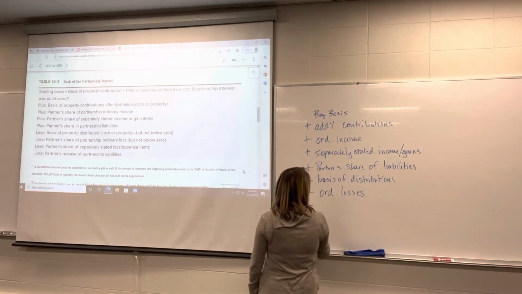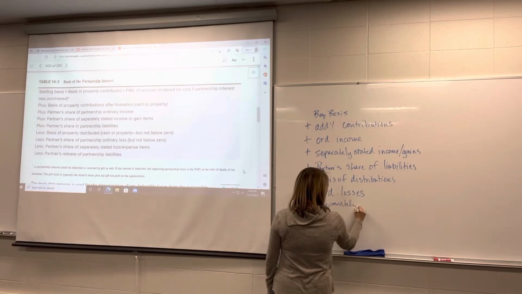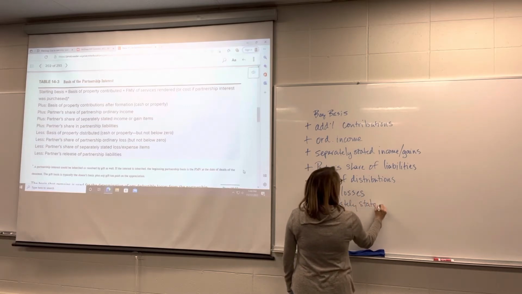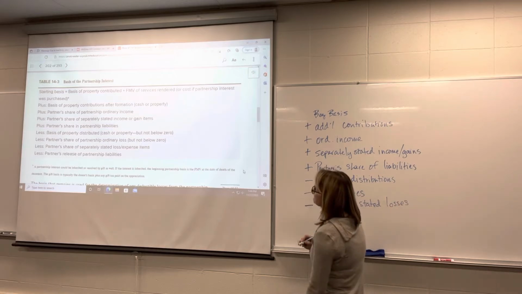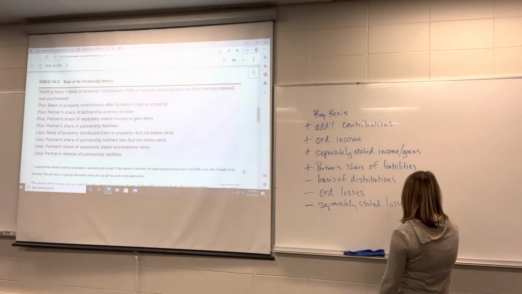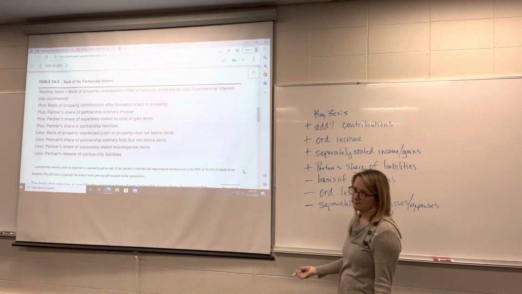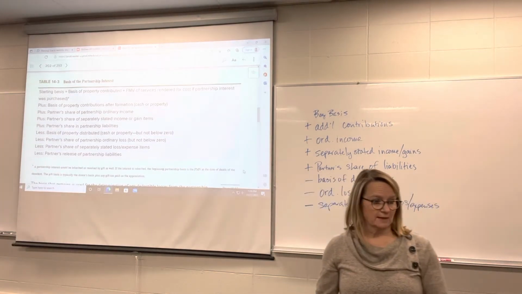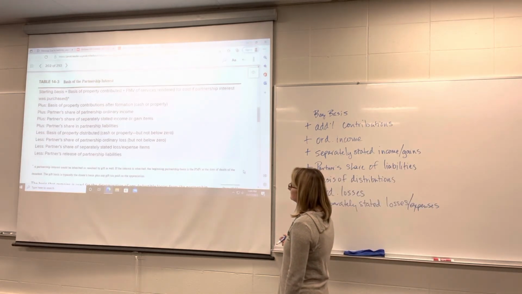Any separately stated losses or expense items. So if we had a capital loss, that would be a loss item that would then reduce our basis.